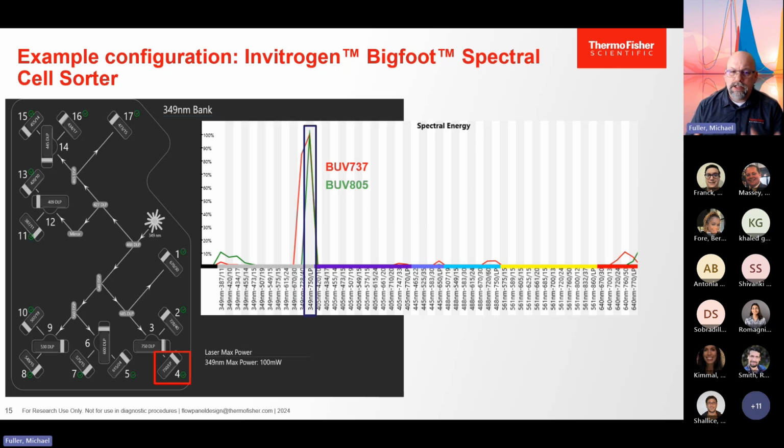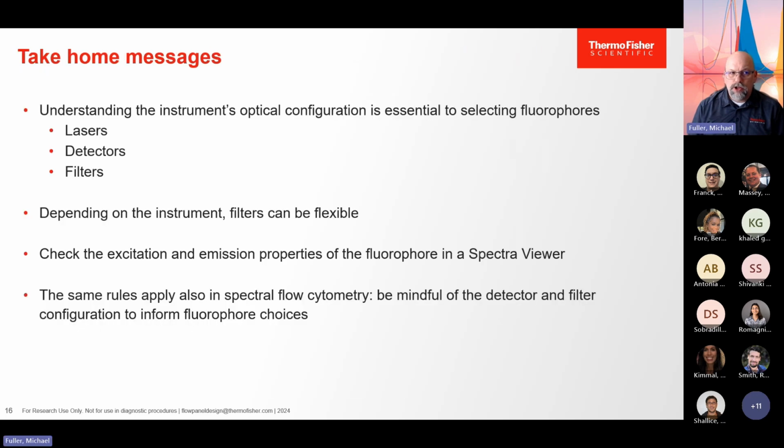So while these spectral instruments will give you more possibilities for fluorochrome combinations, it is still important to know what your filter configuration is, know how many detectors you have, and that will highly inform which fluorochromes you can and can't use in a given panel. So just to summarize, it's really important when we are selecting fluorophores for our panels to know your instrument's optical configuration.